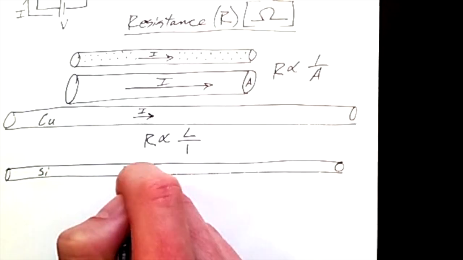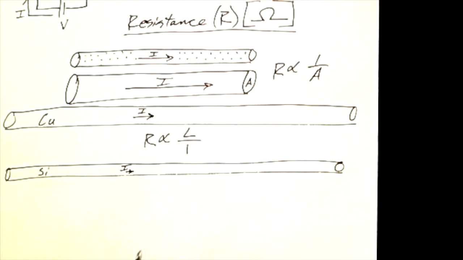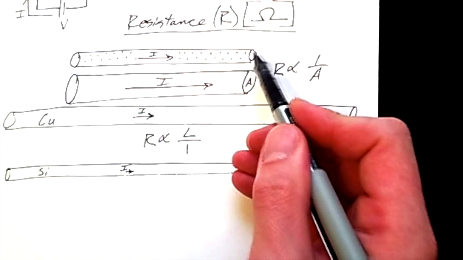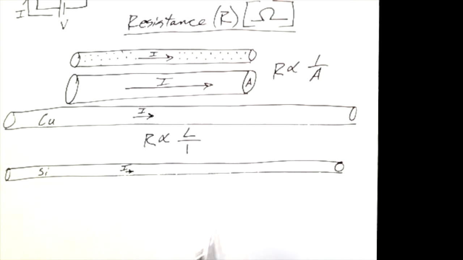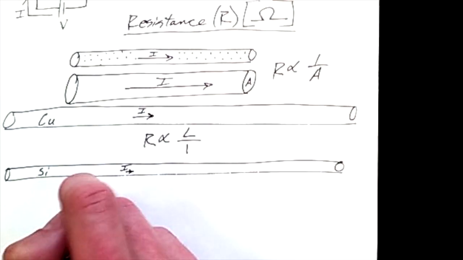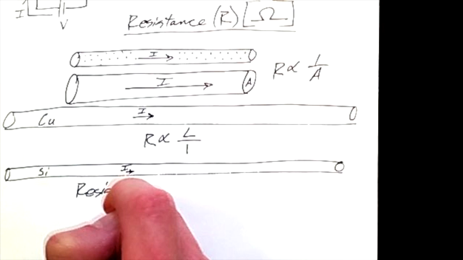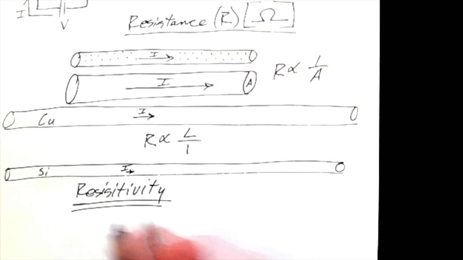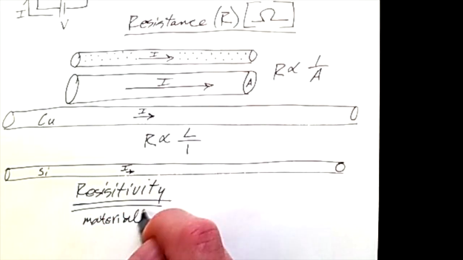And so I would reduce considerably when going from copper to silicon, all other dimensions being equal. And this is where Ohm defined the term resistivity. Resistivity is defined as a material's overall ability to conduct electricity.